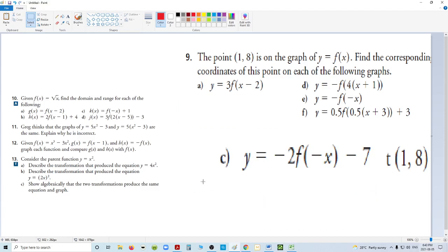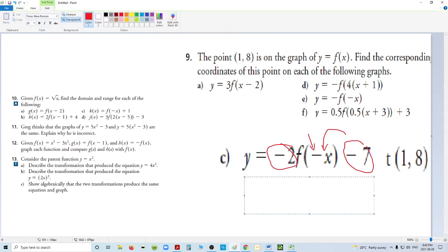So let's look at this new one. So this is a y because it's outside of the f, and that's a y because it's outside the bracket. And that is an x. So that means all my x values are multiplied by -1, and all my y values are multiplied by -2, and subtract 7.